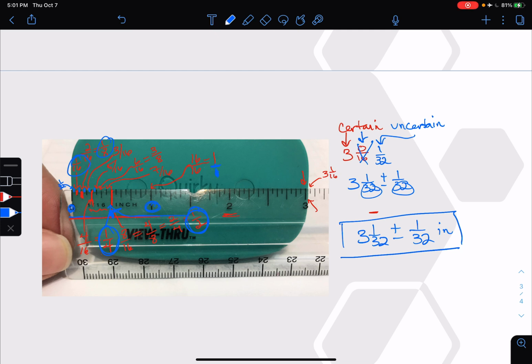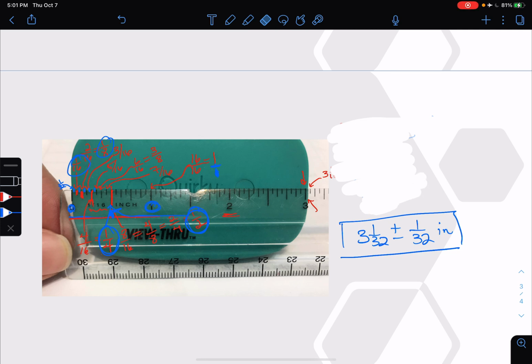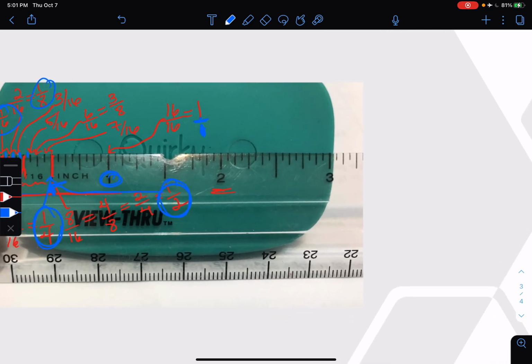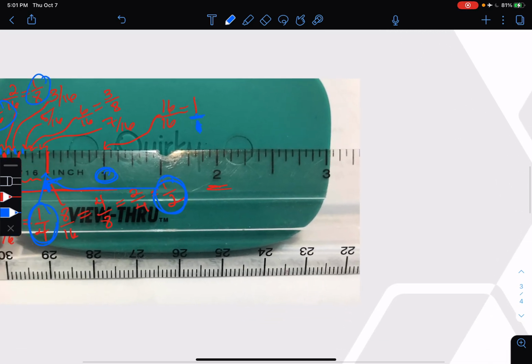All right, so what happens if this measures a little bit bigger? Let me do some erasing here, just so we can do one more example. Let me make something up here, because for most people this is kind of like, what?